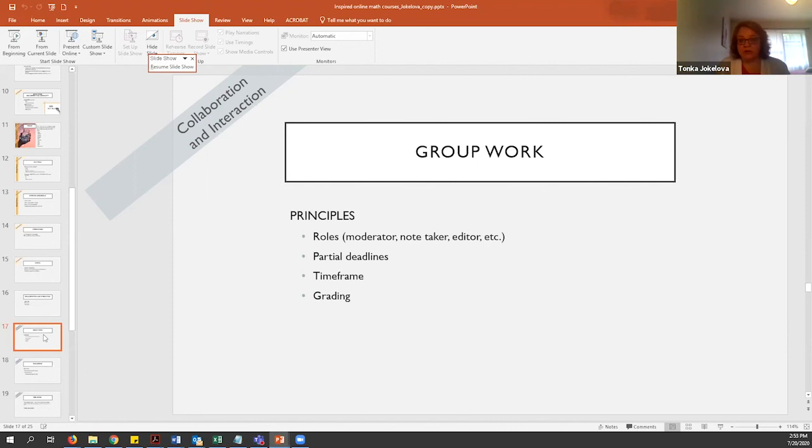The role of a note taker is an important one, who is going to take notes on what is discussed. And also once the final paper or final product is finalized, who is going to be editing it, right? So if there are any other roles that you find interesting and important for the group work, for sure, use them. But at least those 3 are always good to have.